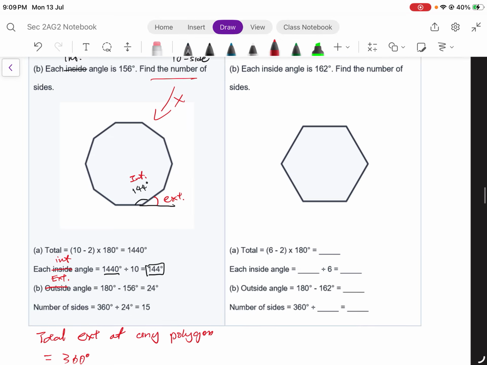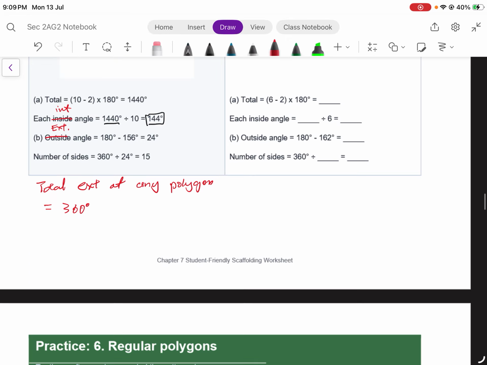360. It means that if I have a polygon here, 1, 2, 3, 4, 5, 6, and I add all the exterior angles together, they should all equal 360.